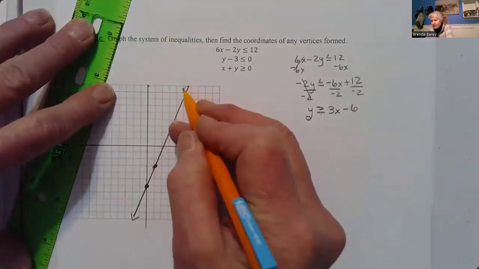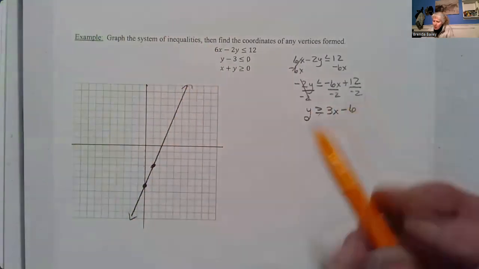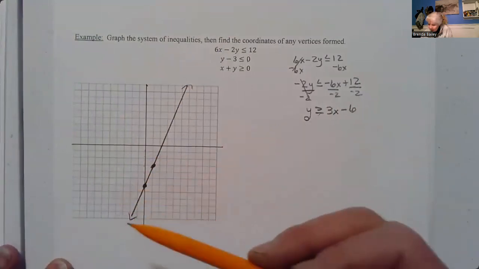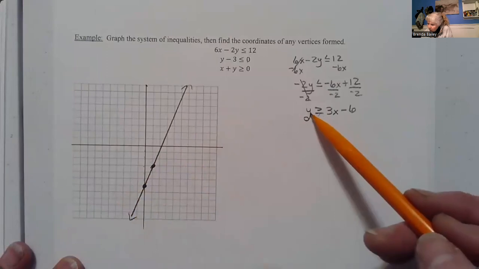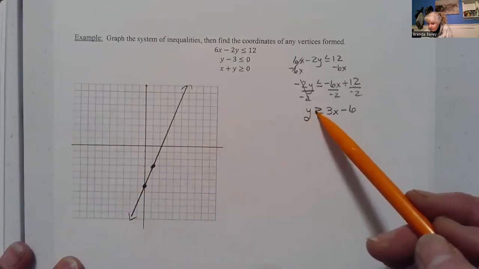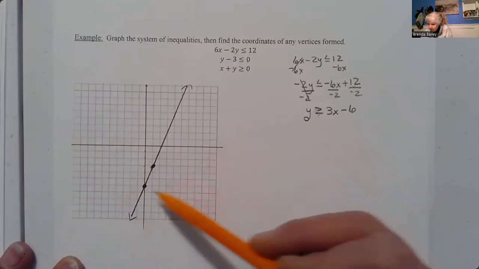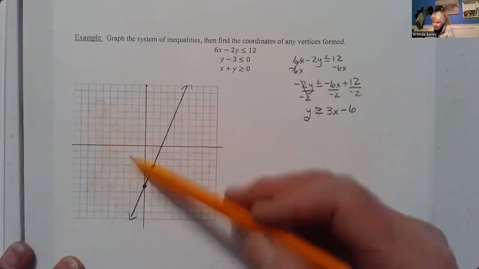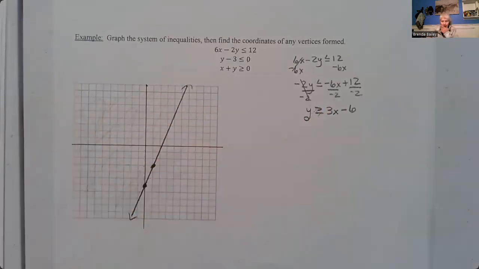And keep in mind, we could shade real lightly because we're going to be looking for a common area. So it's a greater than, y's greater than or above. Greater than is always above. I'm going to make it real light just so I know our answer's over there somewhere.